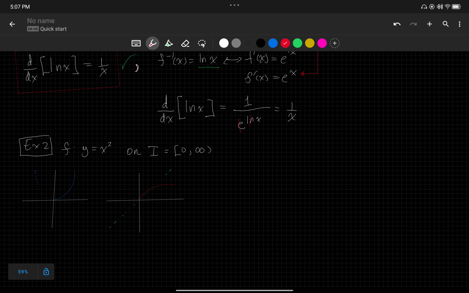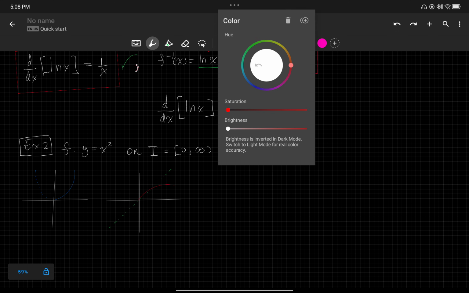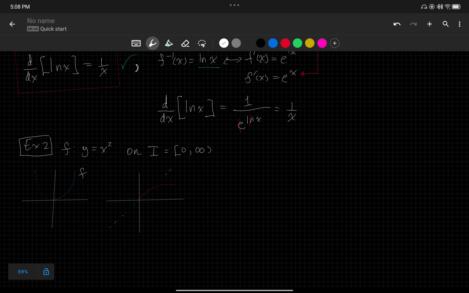So if this is f, whoops, if this guy is f, then this guy is f inverse. Alrighty, so f inverse is y equals to the square root of x. Okay, that looks pretty good.